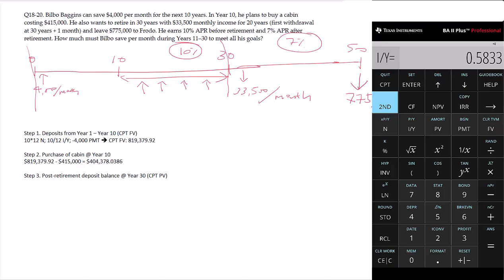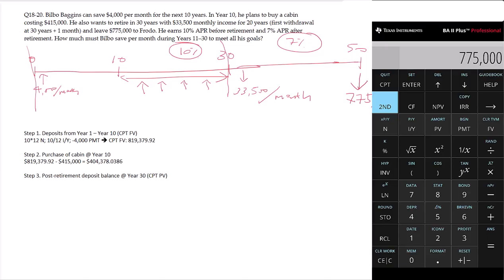And for payment, you would like to withdraw $33,500 coming into your pocket every month, right? So it's positive $33,500 every month. So that becomes your payment. Future value, likewise, you would like to withdraw $775,000 back into your pocket from the bank.